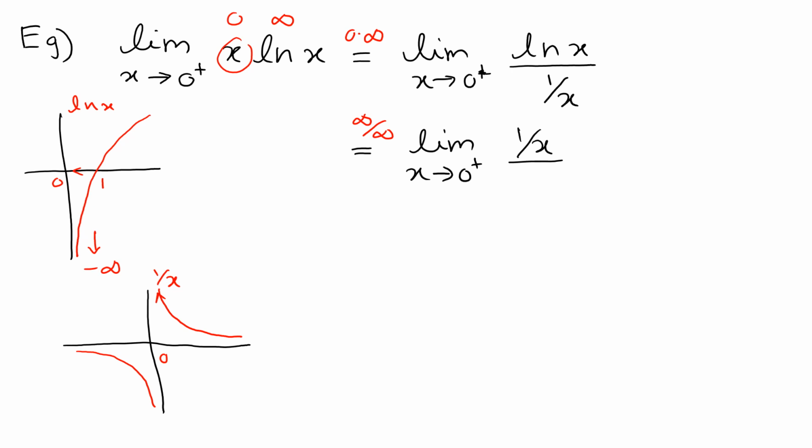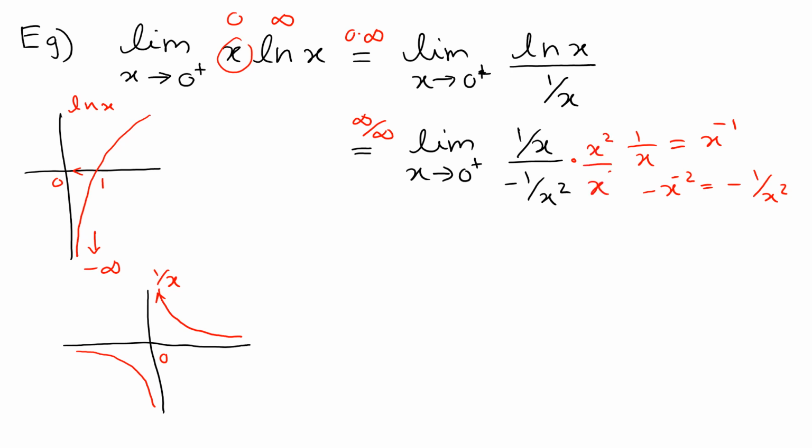We can write 1 over x as x to the negative 1 and then use the power rule. The derivative is negative x to the negative 2, which is negative 1 over x squared. That means the bottom is negative 1 over x squared. Now we need to simplify this. To simplify, we multiply the top and bottom by x squared.